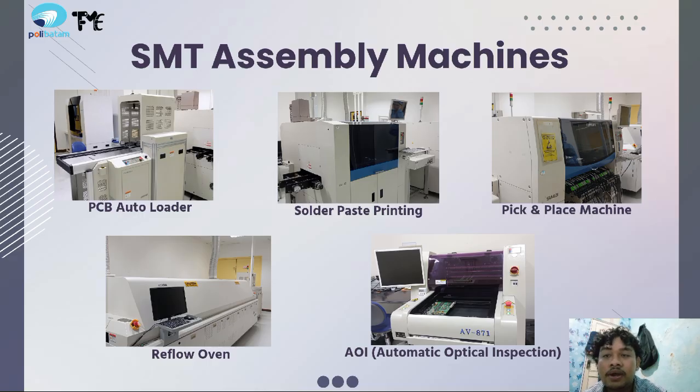The reflow oven melts the solder paste to form reliable solder joints. And the last one, the AOI automatic optical inspection machine, detects defects such as missing components, incorrect placement, wrong orientation, insufficient solder, and solder bridges to ensure product quality.